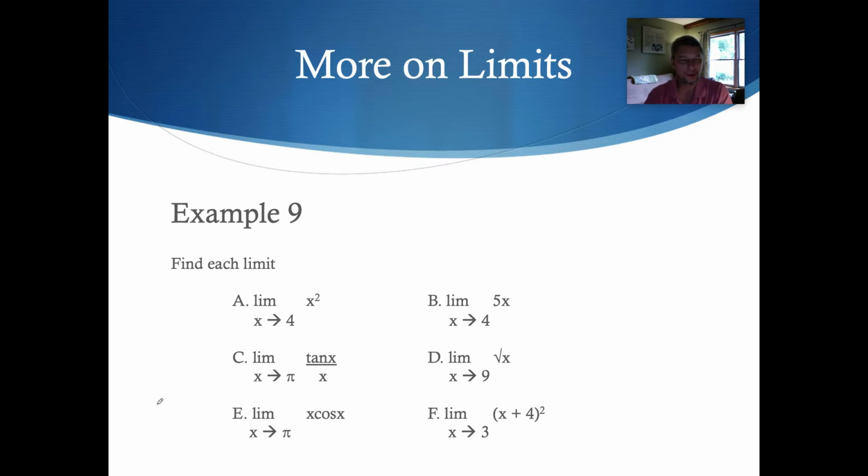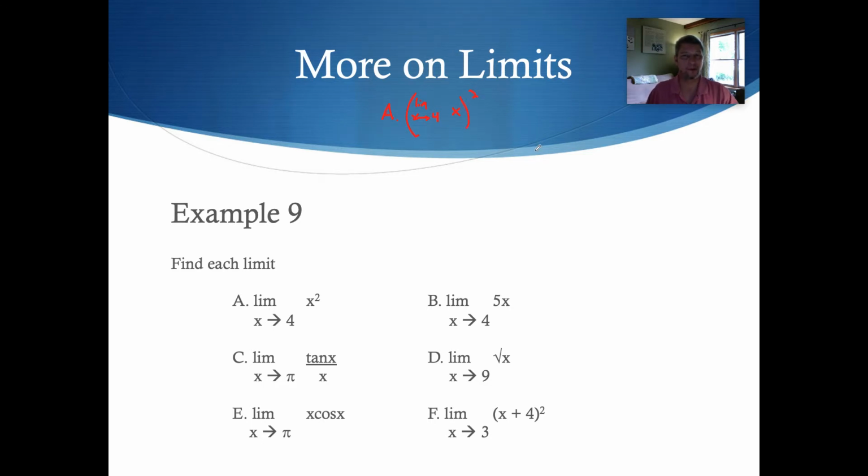The first is the limit as x approaches 4 of x squared. And so you'll recall that for this one, this would be equal to the limit as x approaches 4 of x, squared.